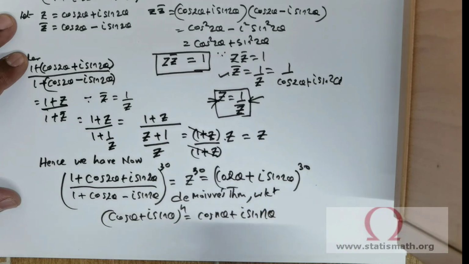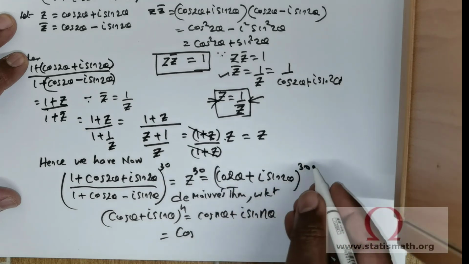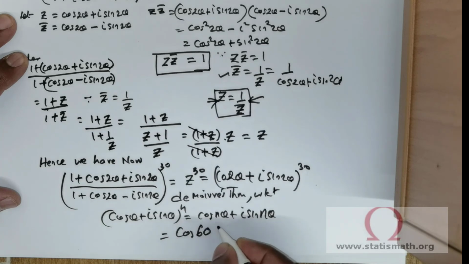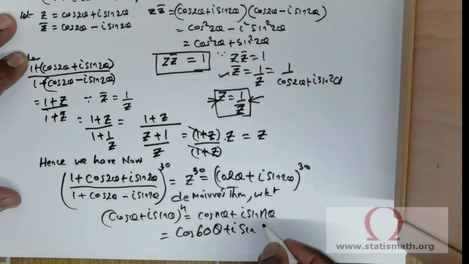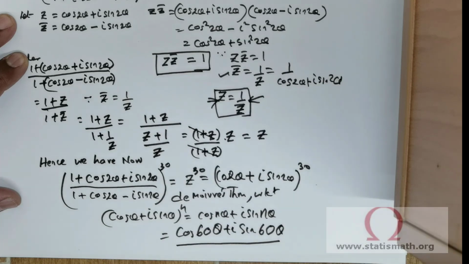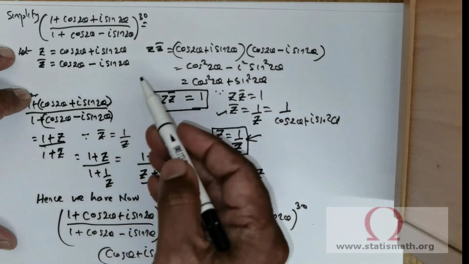This is the theorem by De Moivre. So by that, this is going to be cos(2θ times 30), that's cos 60θ, plus i times sin(2θ times 30), that's sin 60θ. So this is the final answer to this question.